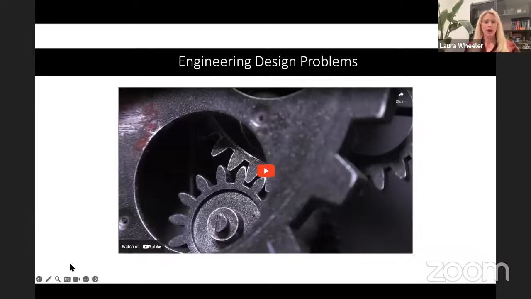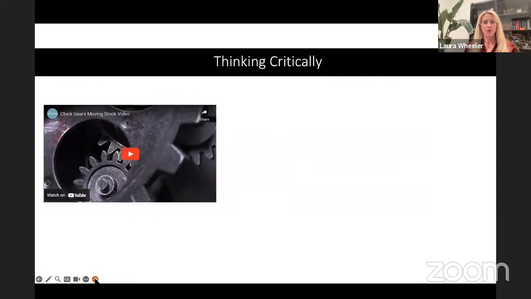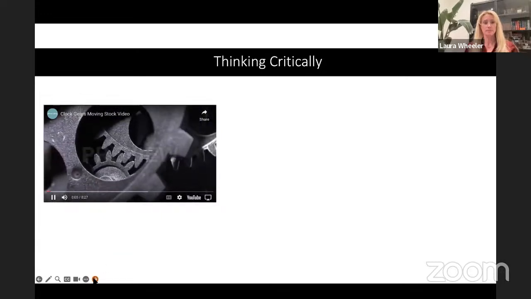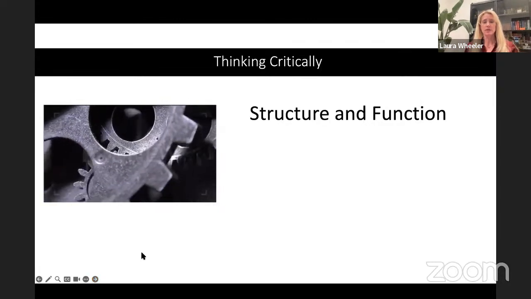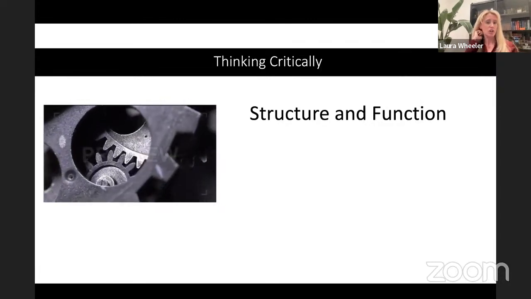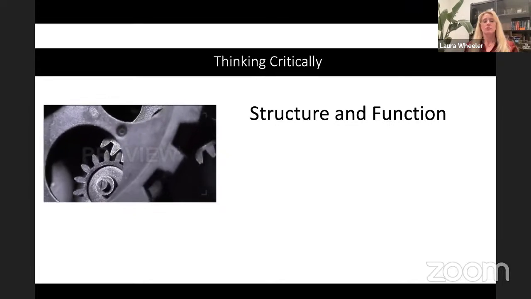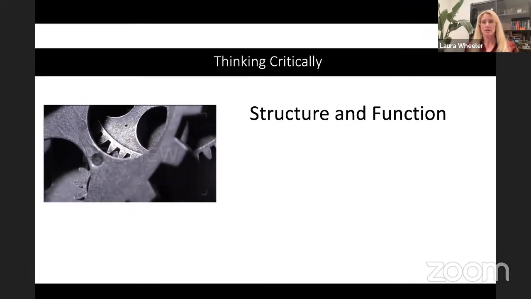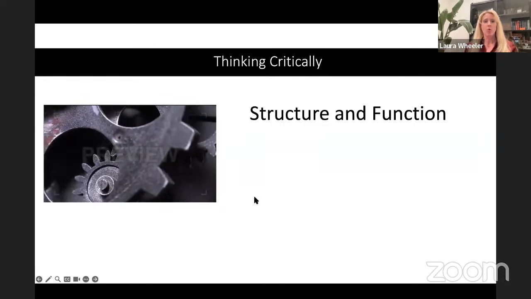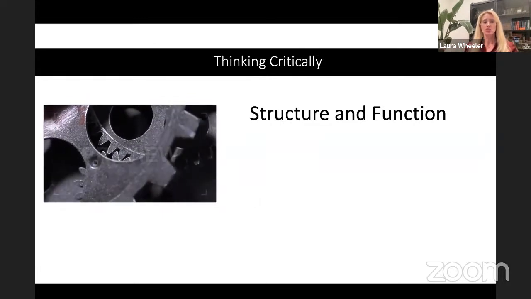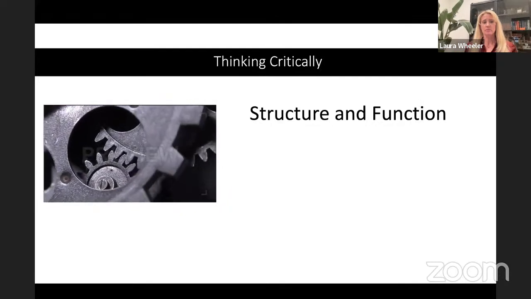So now that we have watched that video, we want to think critically using our cross-cutting concepts. First, let's consider this video using our structures. So in the chat box, if you would like, or you can say it out loud, what are some of the structures that you see?